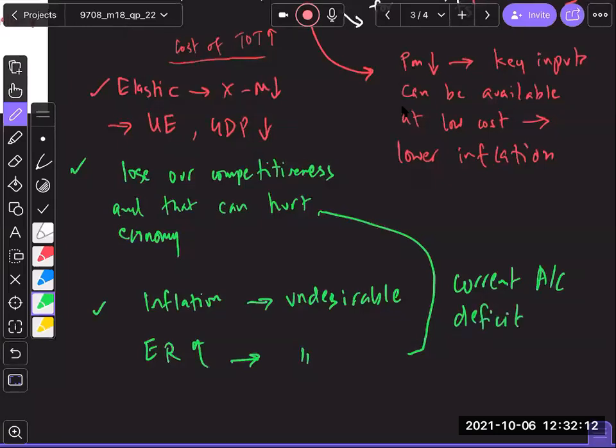So we need to know the cause of the terms of trade going up. If it's inflation, this could be not so desirable, or if the government decides to improve the exchange rate without much thought.